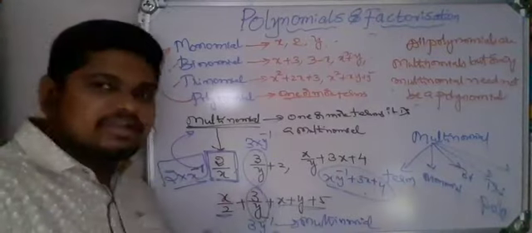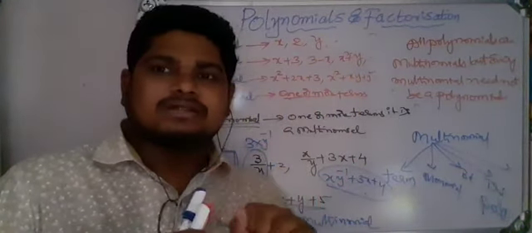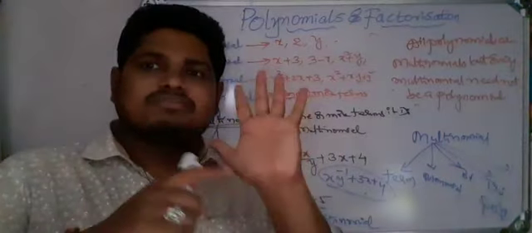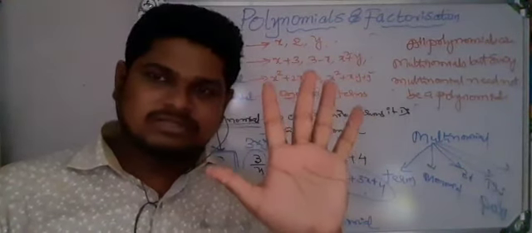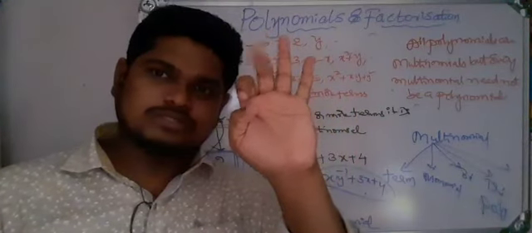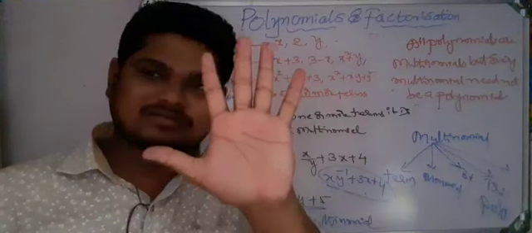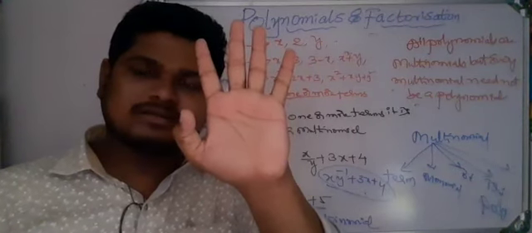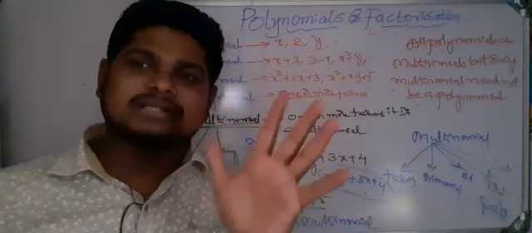Same like that, 5 fingers are there. This is the main finger. This is the total family, total 5. If it contains 5, we have 1, 2, 3, 4, 5. Just remember, it is a multinomial. It is a monomial, binomial, trinomial, polynomial. Finally, it is a multinomial.